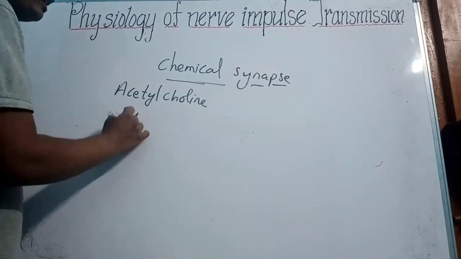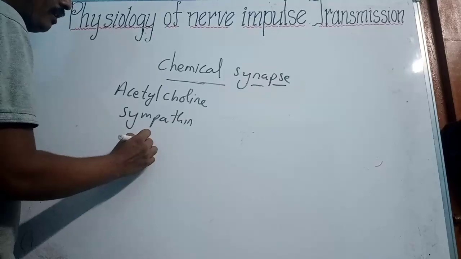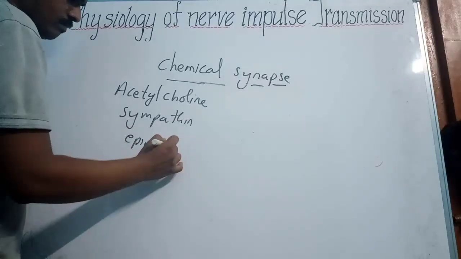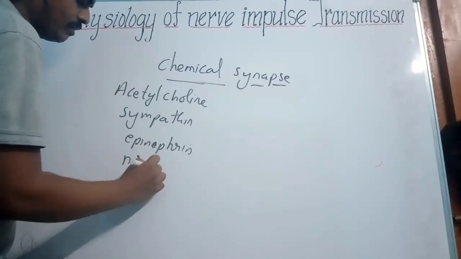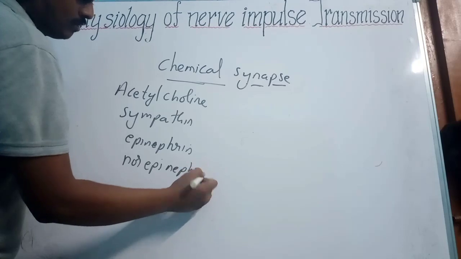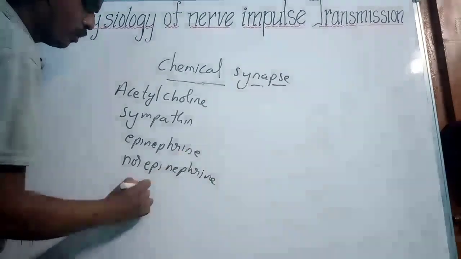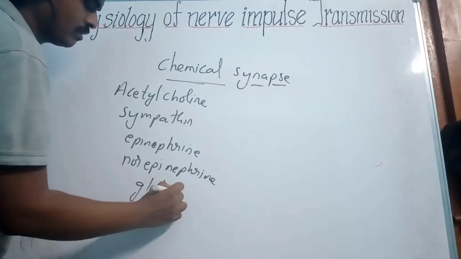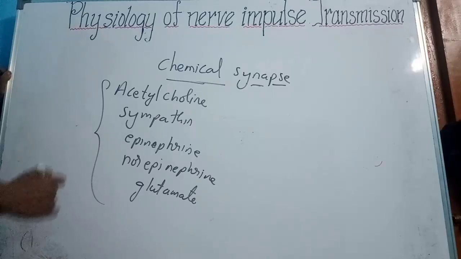We have neurotransmitters called sympathin, epinephrine, norepinephrine, glutamate. So all these are the neurotransmitters which are exciters.